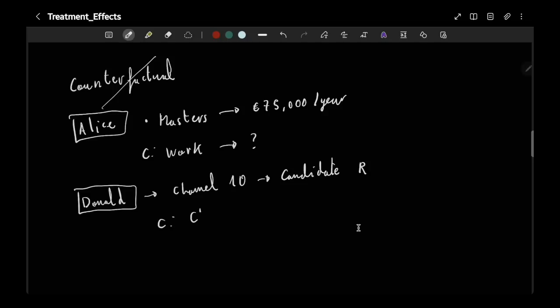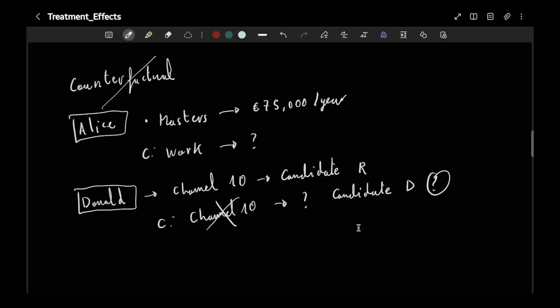That's the counterfactual. What would have happened? Would he instead vote for candidate D? We don't know, because we cannot observe the counterfactual.